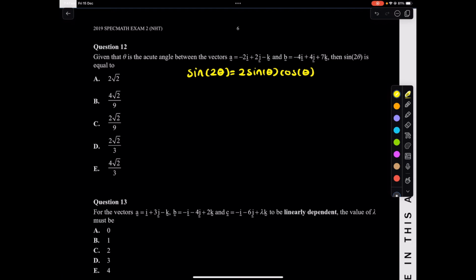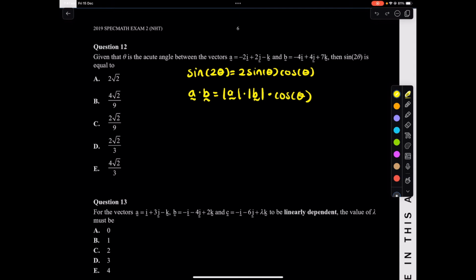And we also know that when we have two vectors and the acute angle between them, A dot B, the dot product, equals the magnitude of A times the magnitude of B times cosine theta. Great. So if we can find that cosine theta, we can sub it into this, and then we can also find this very easily.